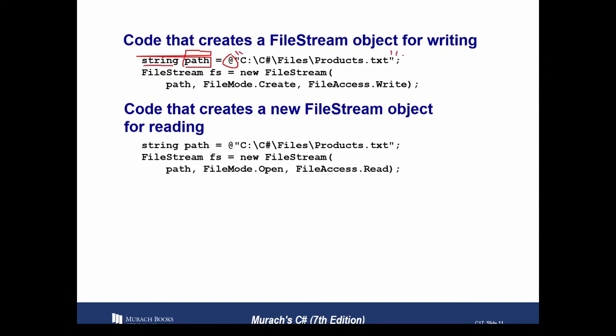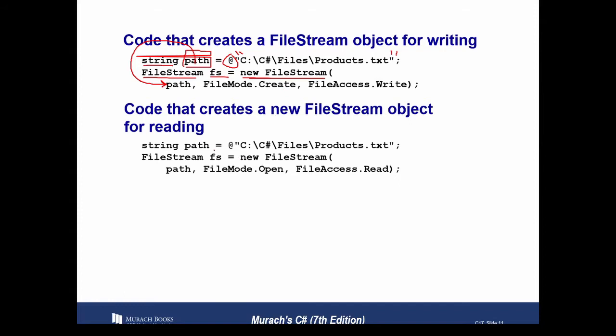I really need to get a stylus for this. And we've got that first part there. And then we have FileStream fs equals new FileStream. And you can see now the parameter list. We have path, and this path is one of the parameters inside this FileStream.